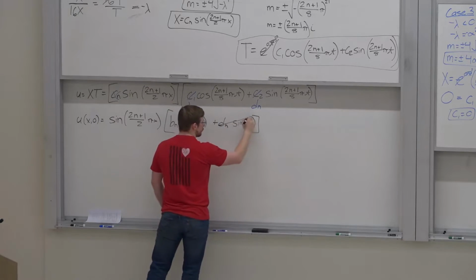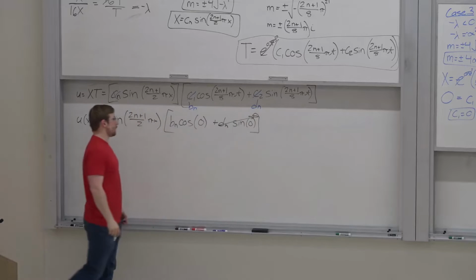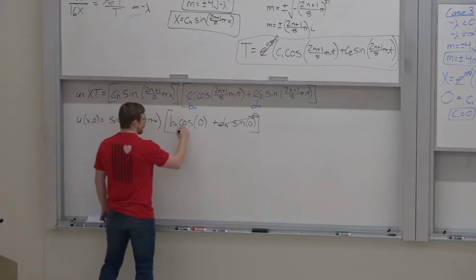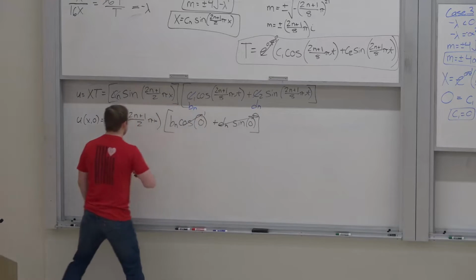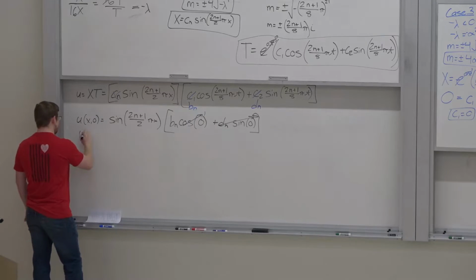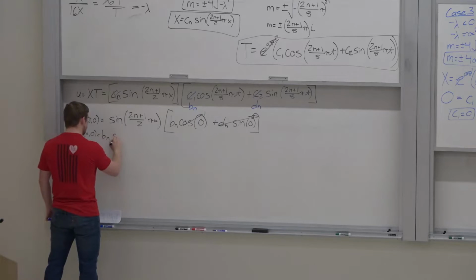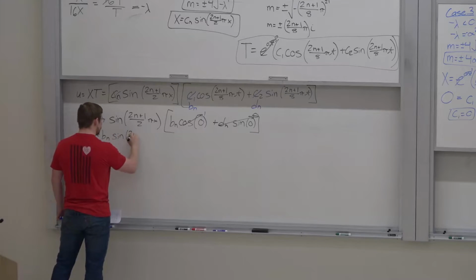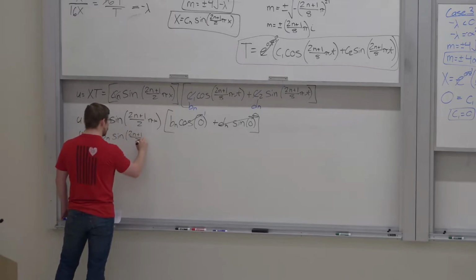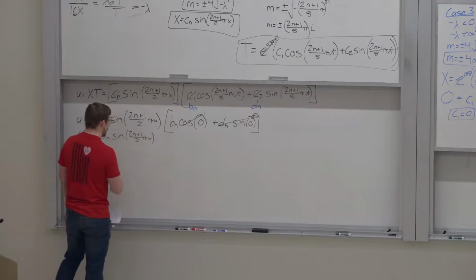Well, I know that my Dn term goes away. I know that my cosine just turns to 1. And my u of x, 0 just becomes Bn sine of (2n+1)/2 π x.